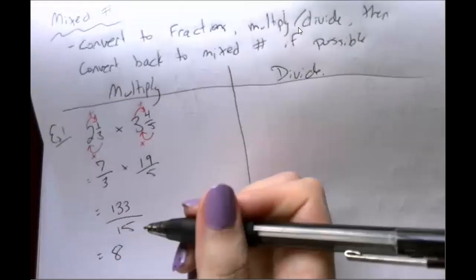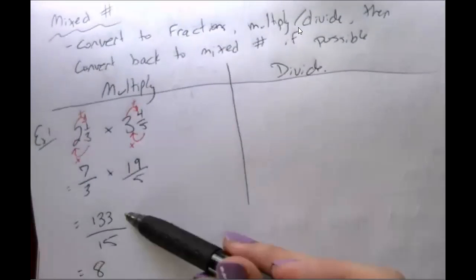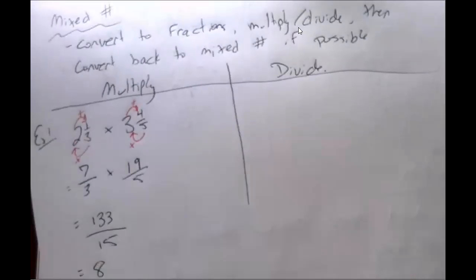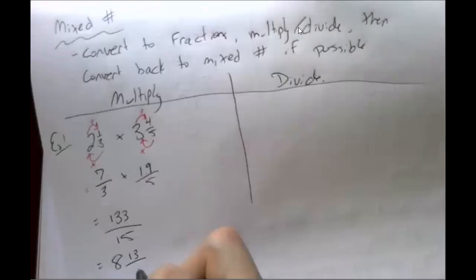And then to figure out how much is left over, I'm going to do 15 times 8. That gets me 120. So I'll just do 133 minus 120. So that is 13 left over, and we keep our base.